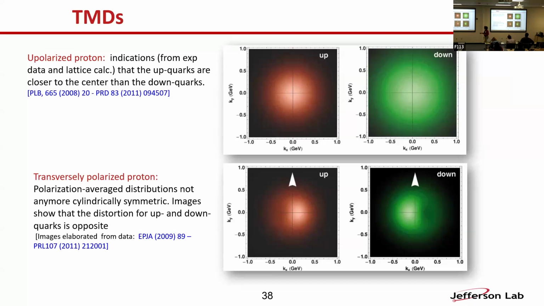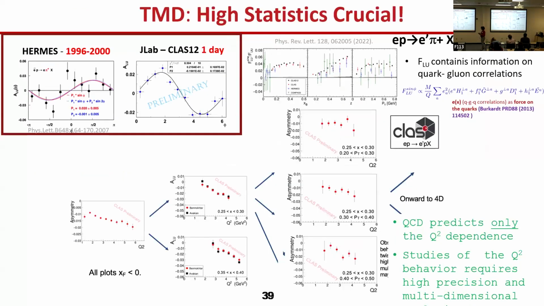If I go with a transversely polarized target, you see it's very much shifted, because it depends on the transverse polarization of the proton. So the distribution is not centered anymore. This has been done with the initial data, but a lot has to be done. And why does this lab have the power to do this kind of study?